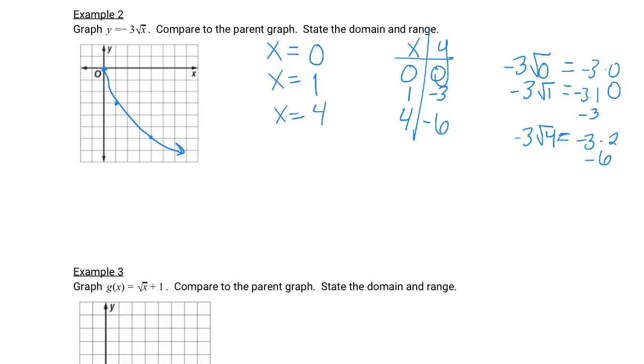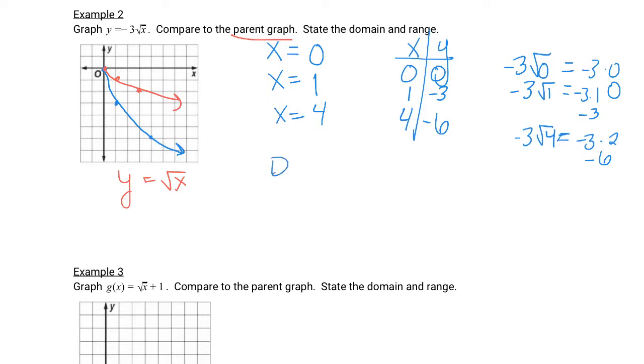If our original graph, our parent graph, is y equals the square root of x like it was above, then that one is 0, 0, 1, 1, and 4, 2, always. Then you can see how it's different. The blue line has a vertical stretch to it compared to the red one.